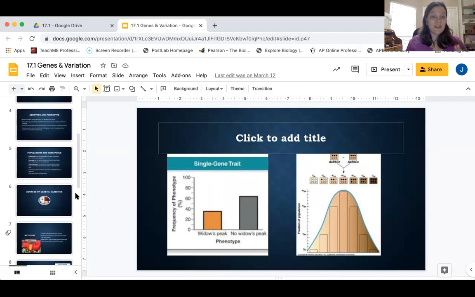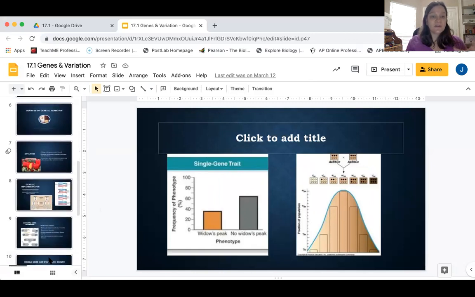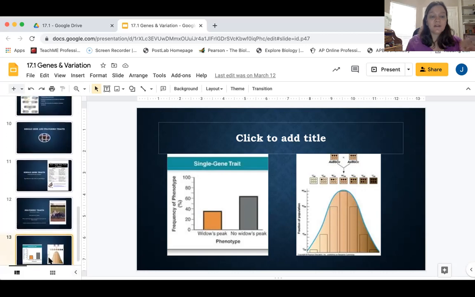It is acting on phenotype directly. It occurs because of genetic variation, which is caused by either mutation, recombination, or lateral gene transfer. And you need to know the difference between single gene and polygenic traits. We're going to talk more about those in the following lessons.